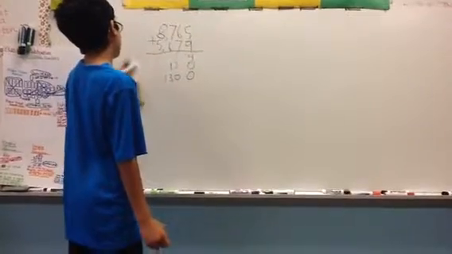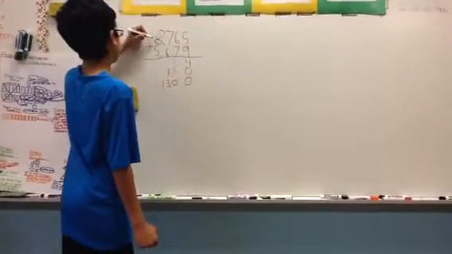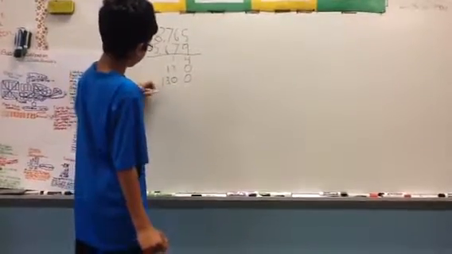And then you know that 8,000 plus 5,000 equals 13,000.